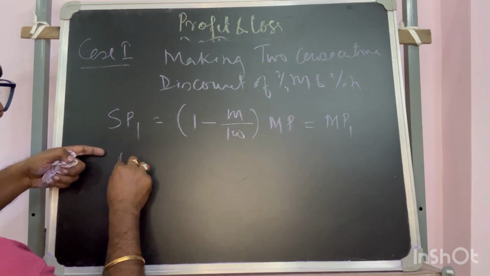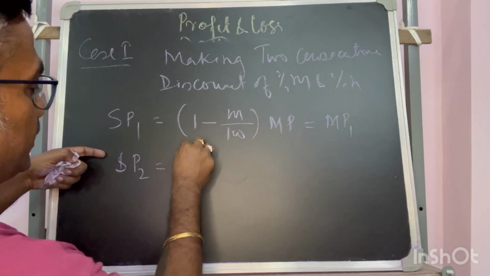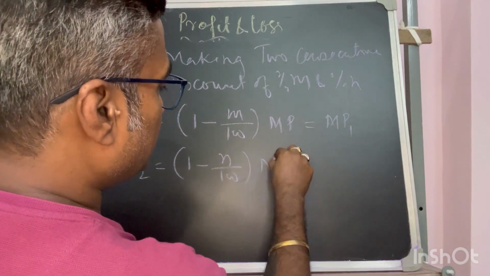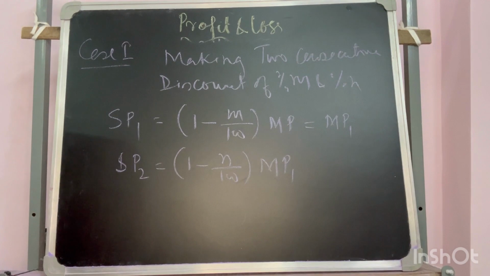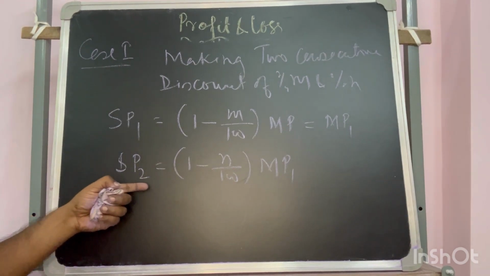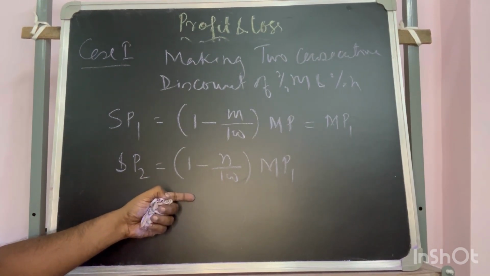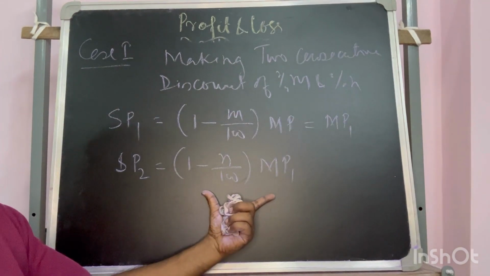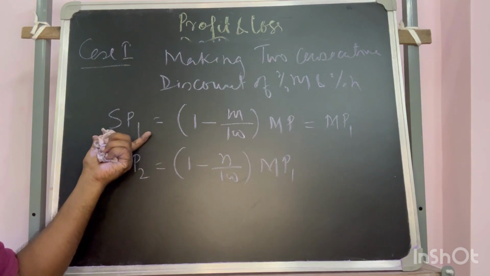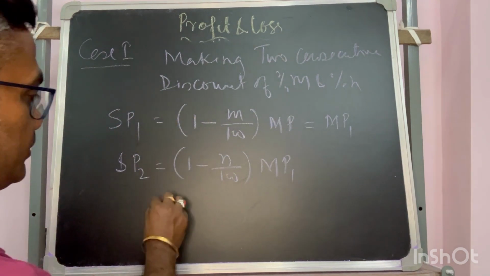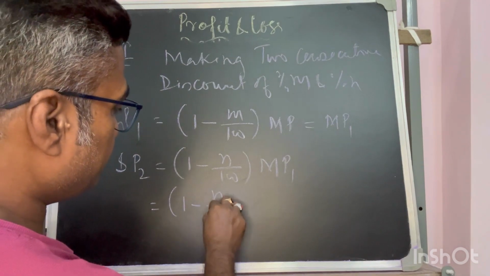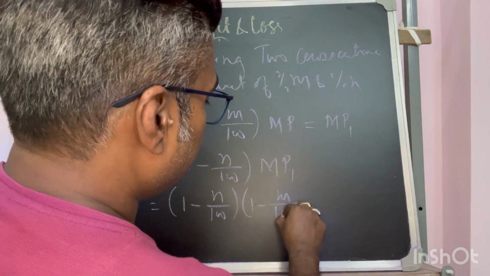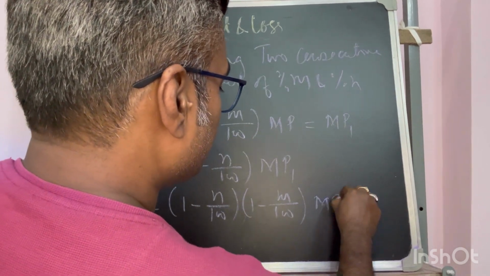For the second case, if I say SP2, then this will be 1 minus N this time, marked on the market price MP1, because I need some market price to give discount. So discount N is given on the successive price that I am getting from the first discount. So this will be 1 minus N by 100 into 1 minus M by 100 into MP. Understood?